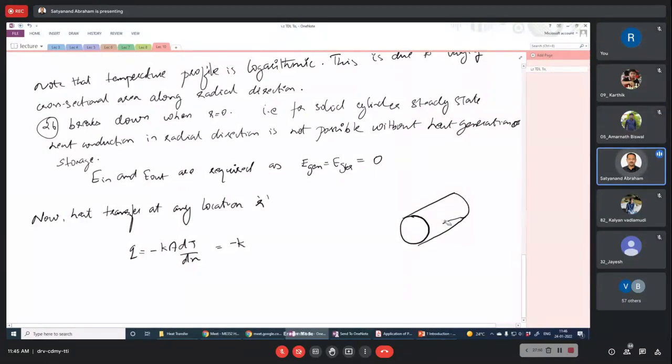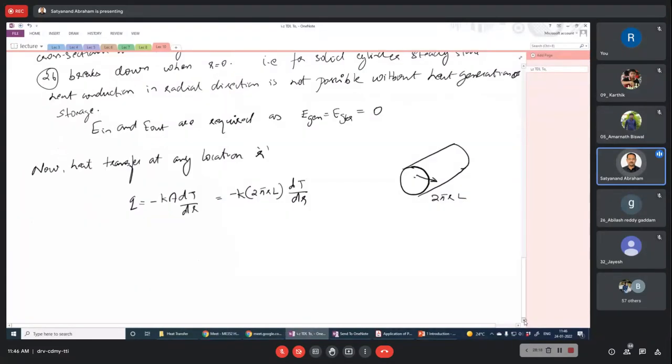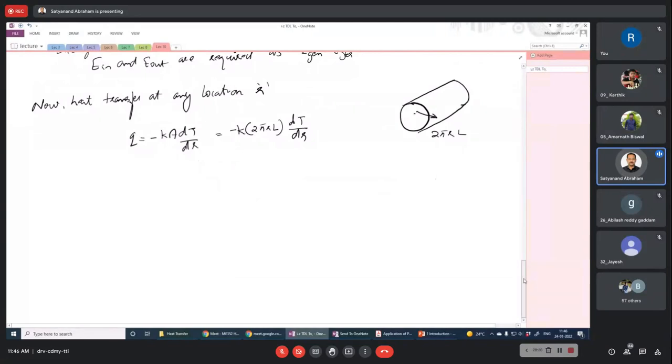What is the area for this? Heat is passing in this particular direction, perpendicular to that surface. What is the area of this surface? 2 pi r L. Very good, 2 pi r into L. Therefore we can write 2 pi r L into dT by dr. This is not dx, it should be dr. But what is dT by dr?